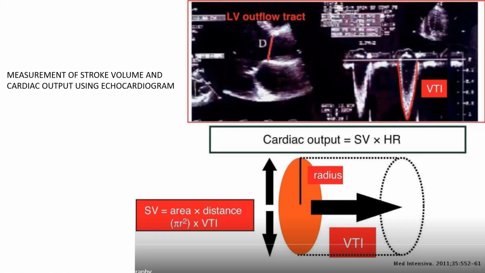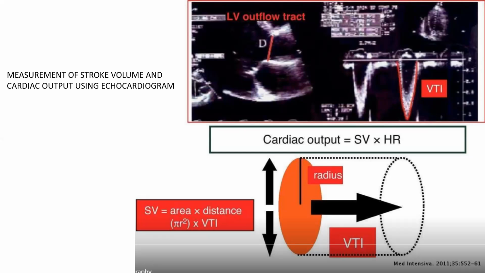So what happens is we can put a Doppler at this left ventricular outflow tract, and we can get this Doppler profile. This Doppler profile actually shows the movement of blood from the left ventricle to the aorta. So if you were to trace this contour, you will get something that is called velocity time integral. So what is velocity time integral?